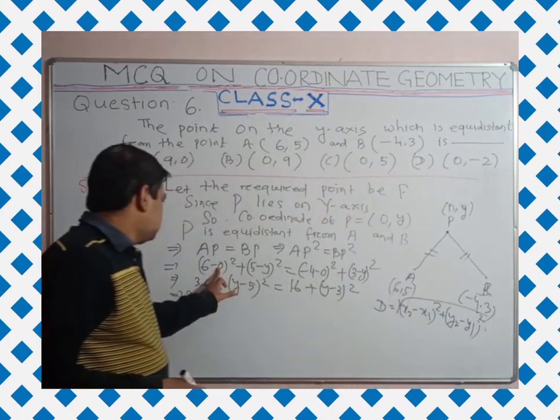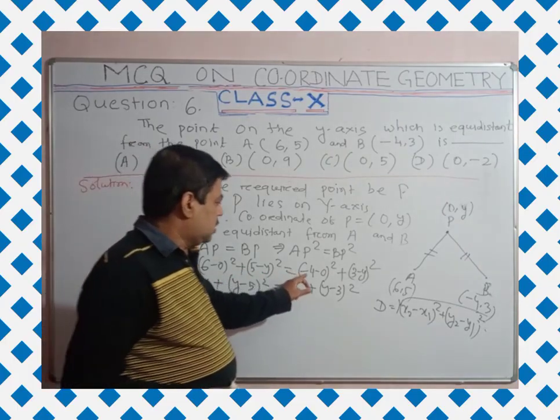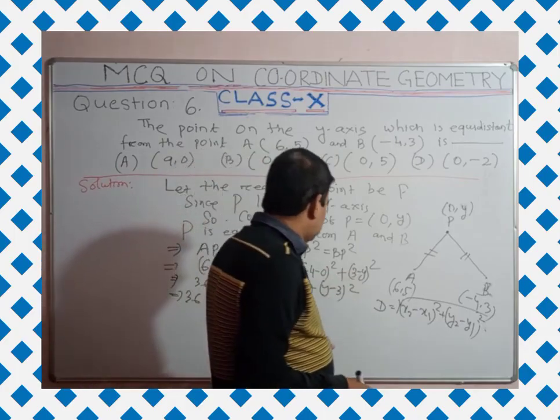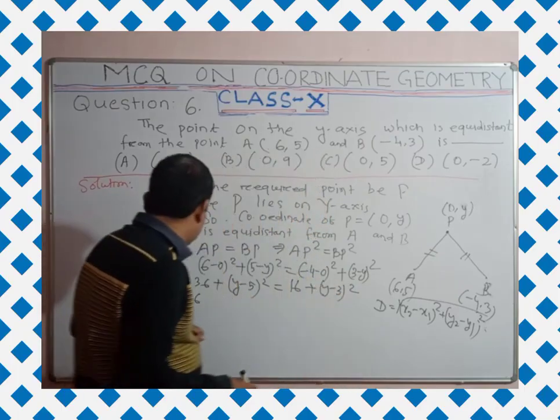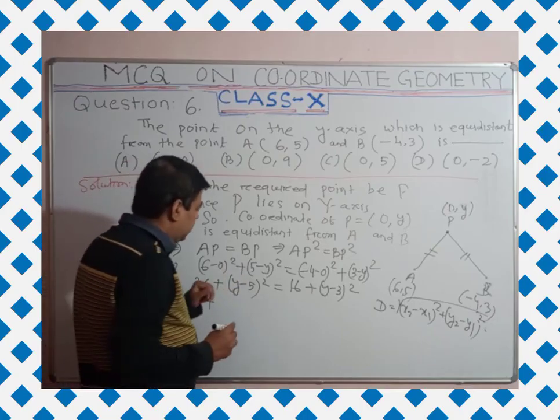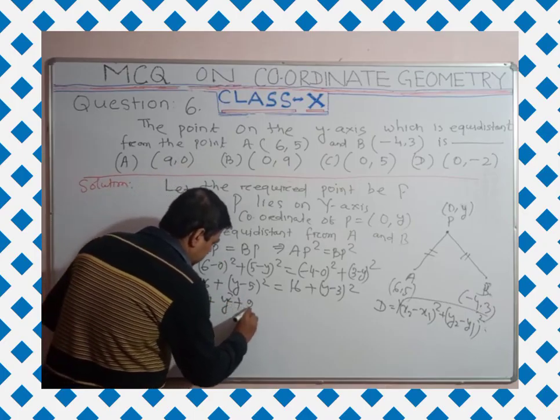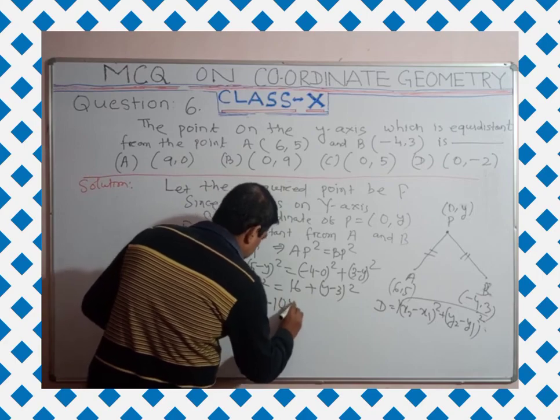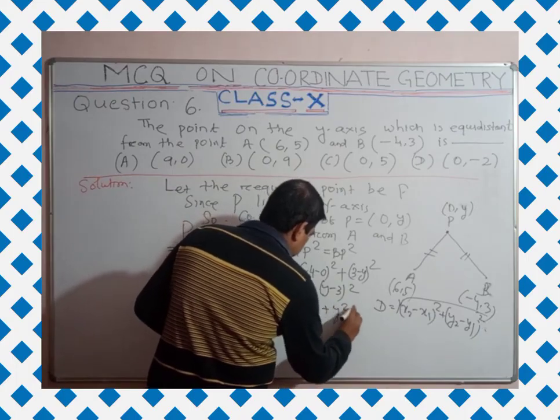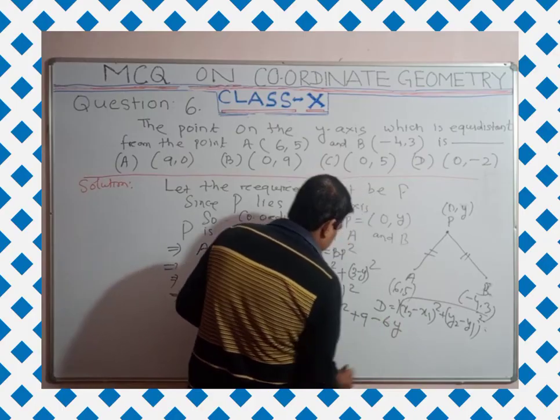Now use the formula (a minus b) whole square is a square plus b square minus 2ab. So y minus 5 whole square is y square plus 25 minus 10y. Similarly, 16 plus y square plus 3 square, 9, minus 6y.